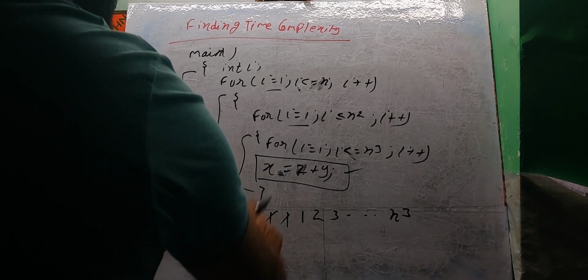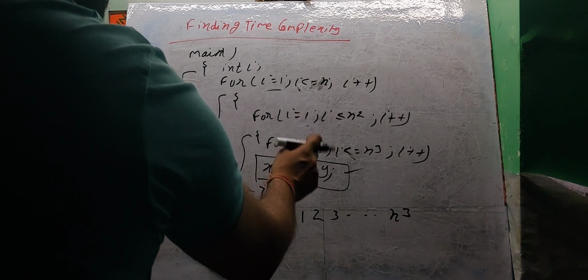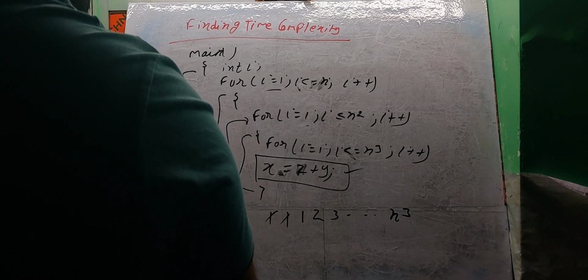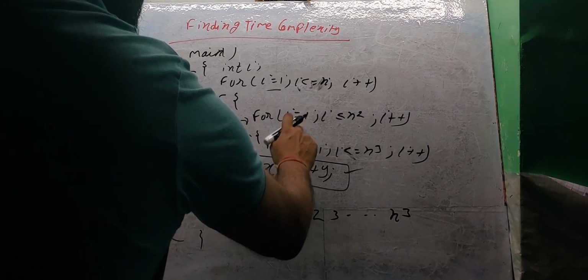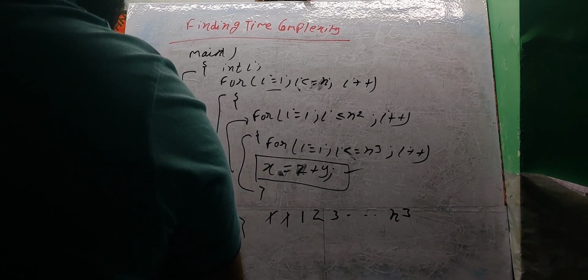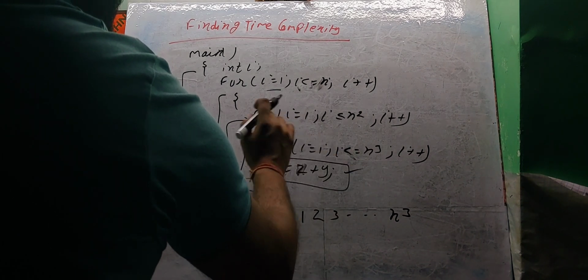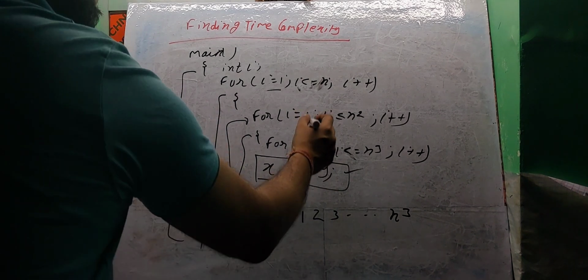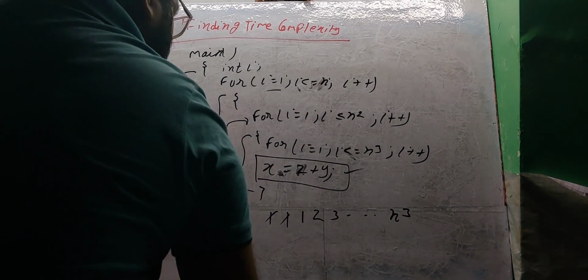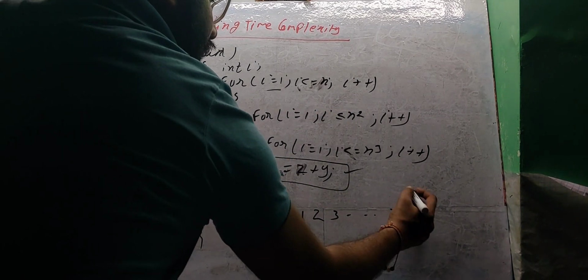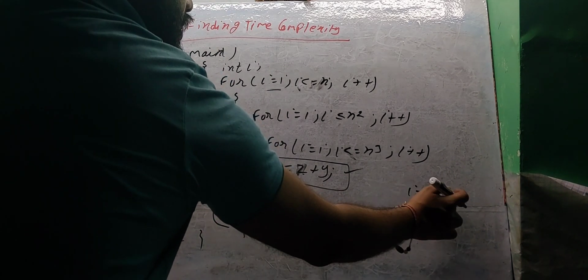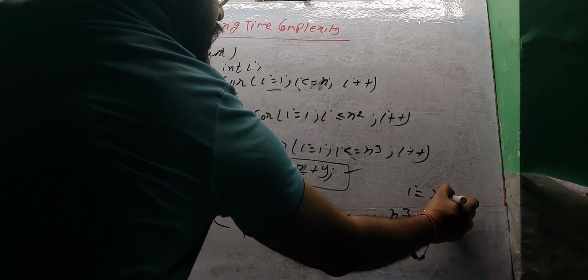Now when this loop terminates, it returns to the second for loop. Here the value of I is greater than n cube. When I value becomes n cube, then this third loop will be terminated.